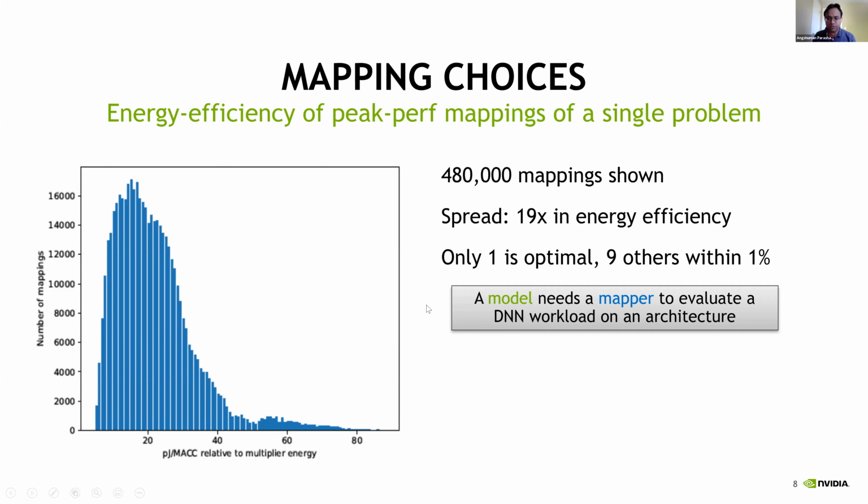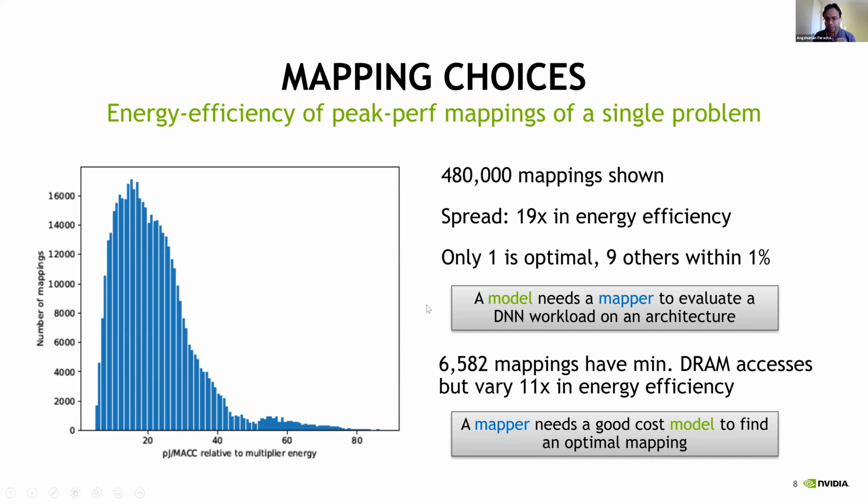But there's another interesting thing that's happening here. Of these 480,000 mappings, 6,500 of those mappings have the same exact number of DRAM accesses, okay? And they're all the minimal number of DRAM accesses. And so, although they have the same number of DRAM accesses, those mappings vary 11x in energy efficiency.